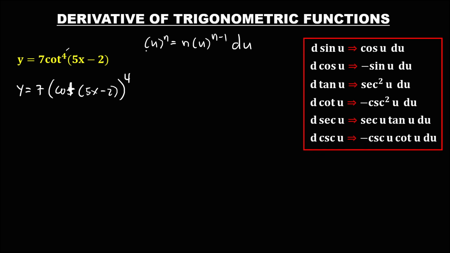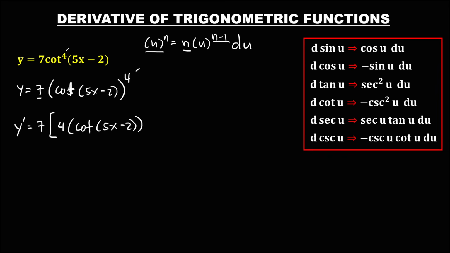Then we can apply now this general power rule. So again, always bring down the constant. So 7 times. We have n is the exponent, so that's 4 times cotangent 5x minus 2 to the power n minus 1.